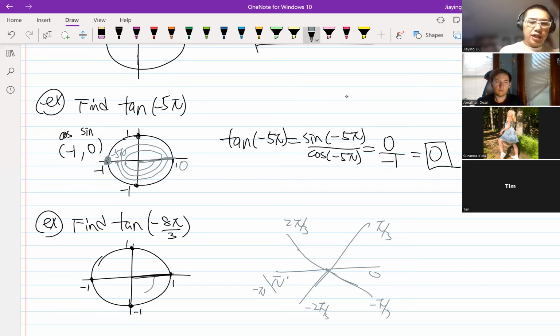So I'm going to go: negative pi over 3, negative 2 pi over 3, negative 3 pi over 3, negative 4 pi over 3, negative 5 pi over 3, negative 6 pi over 3. That goes back to the same positive axis. Then negative 7 pi over 3, negative 8 pi over 3 took me there.